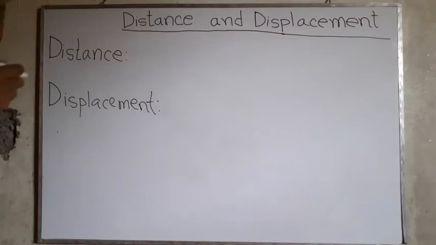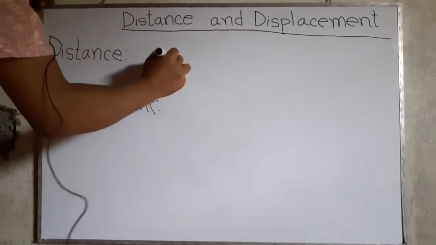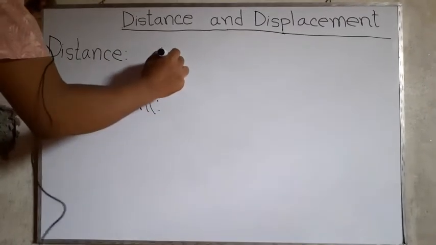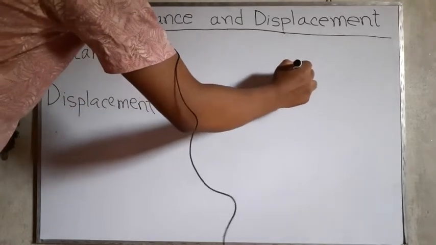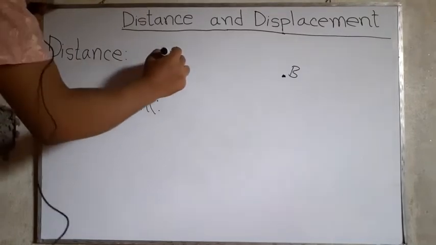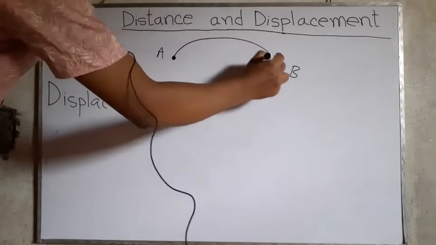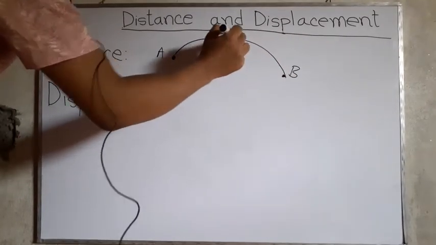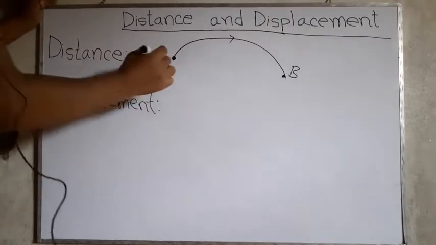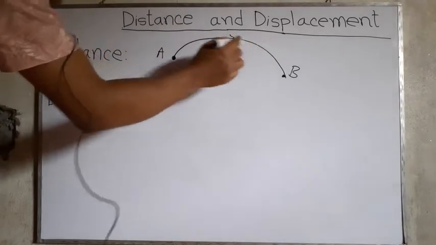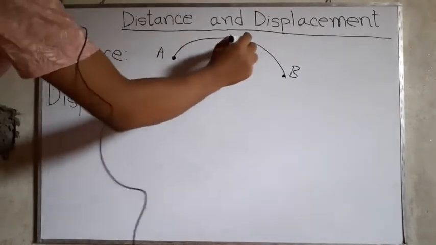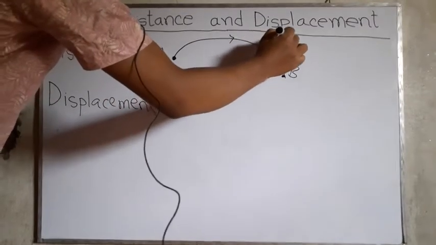Suppose you are moving from this A point to B point. You are moving by following this path. Okay. Now, as you are following this path, the total length of this path is your distance.